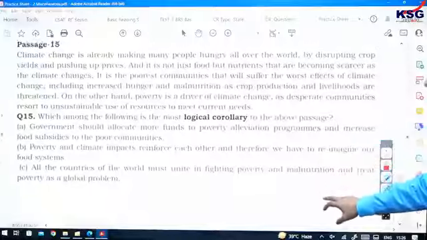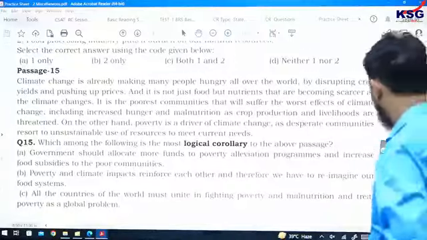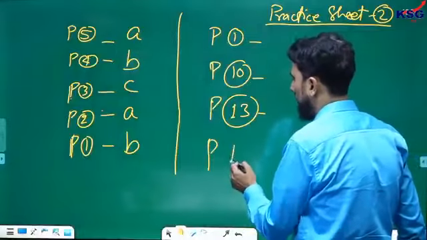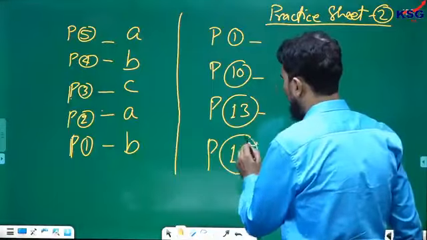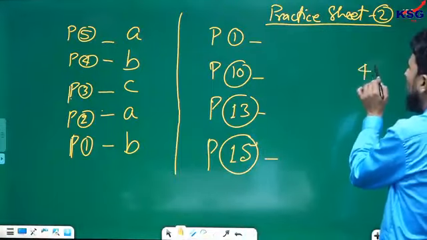And then passage 15. Your score should be 4 out of 4.